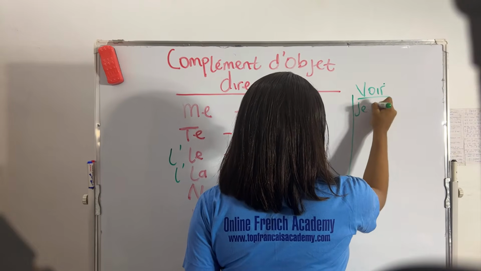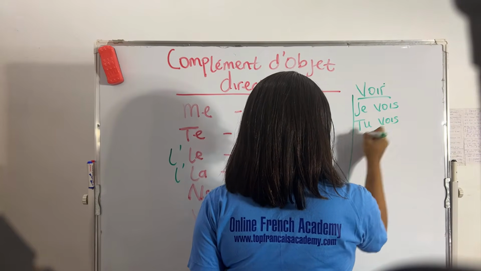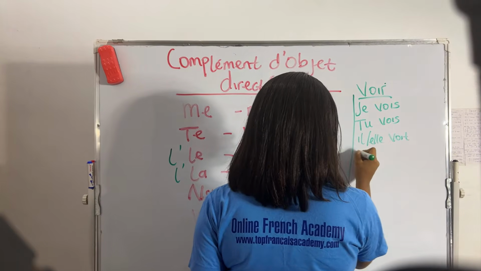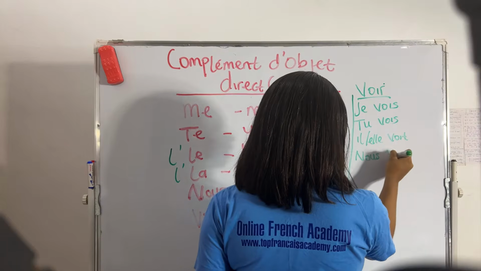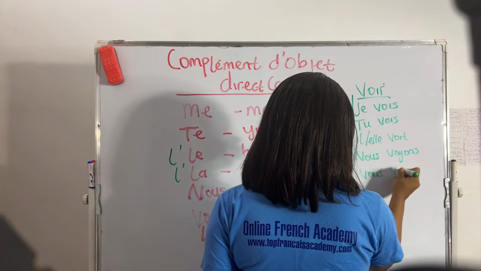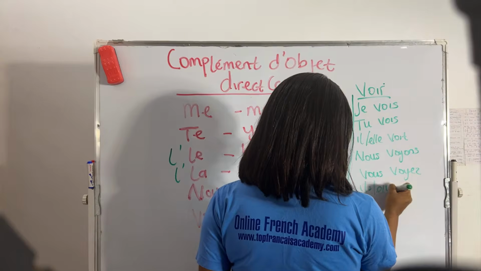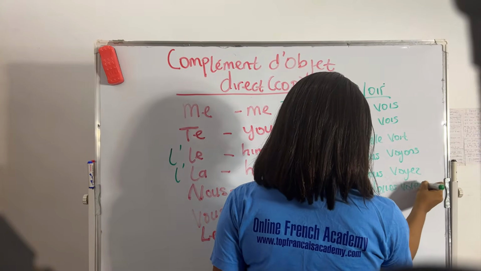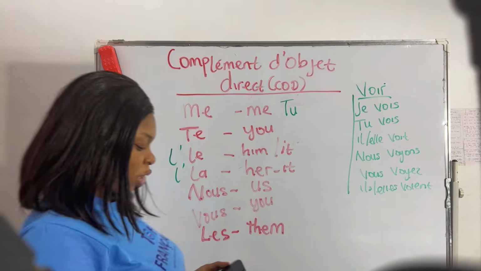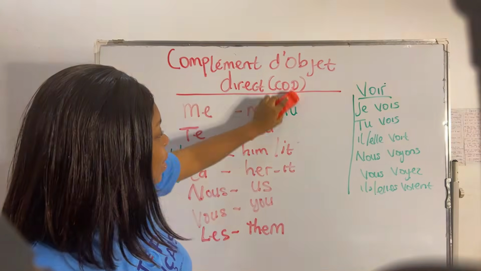Je vois, tu vois, il ou elle voit, nous voyons, that's we are seeing, vous voyez, you are seeing, and the last one, ils ou elles voient, they are seeing. So we're going to be using this verb a lot in this class. So just pay attention.